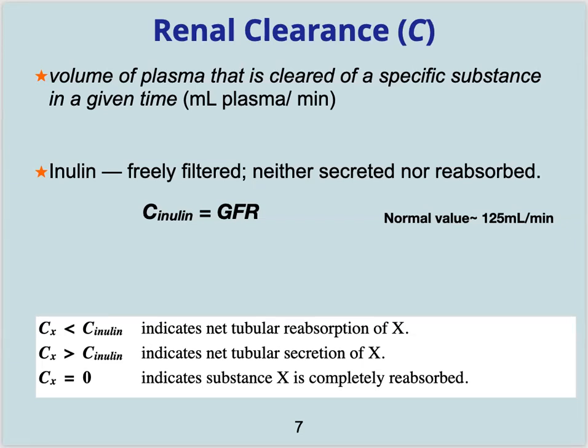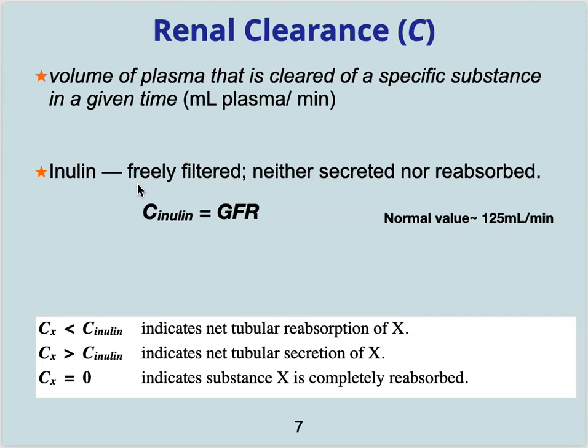initially. So notice that, again, it's expressed in terms of volume of plasma per unit time. It's not expressed in terms of the amount of substance per unit time. Through scientific experiments, scientists have found a substance, a plant extract called inulin.